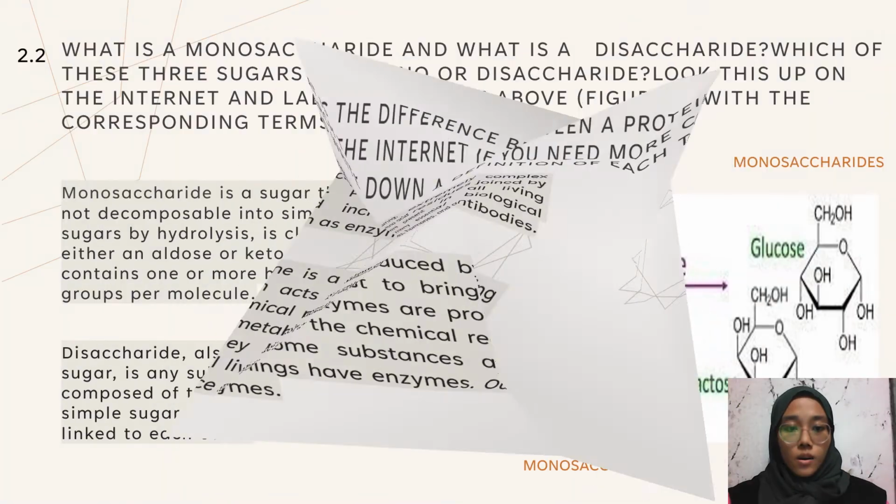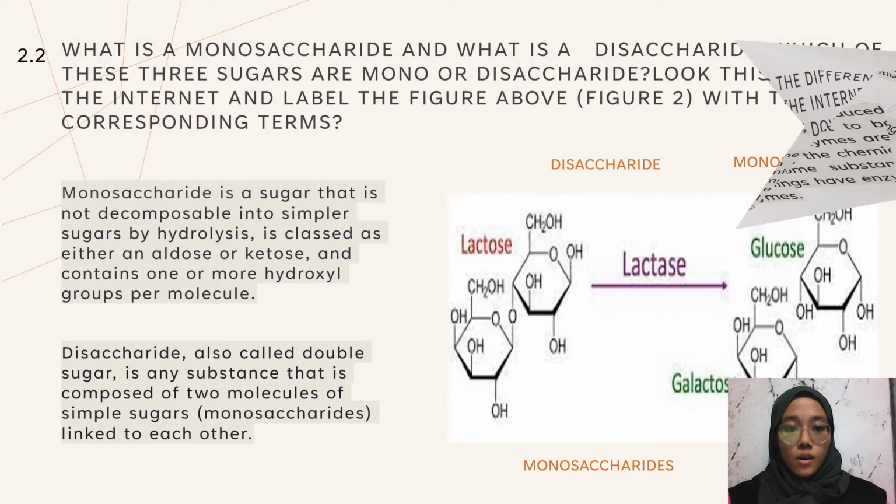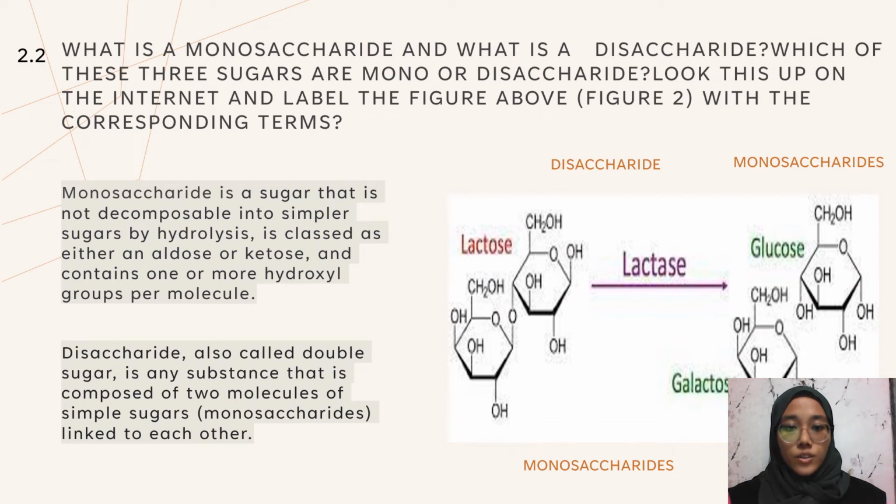Third question. What is a monosaccharide and what is a disaccharide? Which of these three sugars are mono or disaccharide? The answer is, a monosaccharide is a sugar that is not decomposable into simpler sugars by hydrolysis, is classed as either an aldose or ketose, and contains one or more hydroxyl groups per molecule.